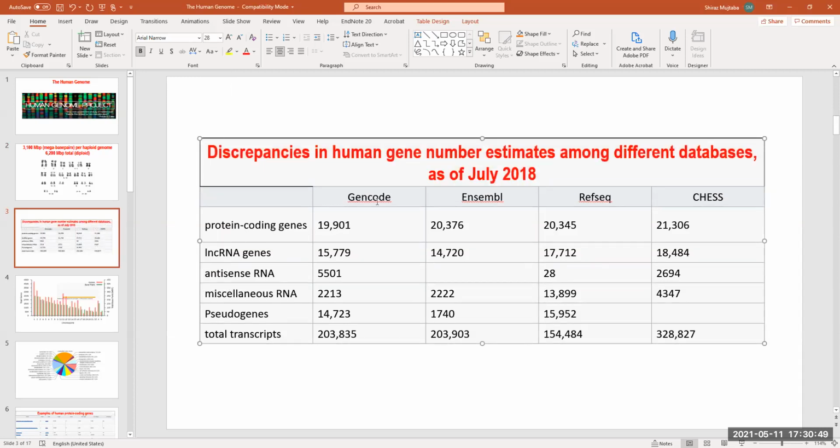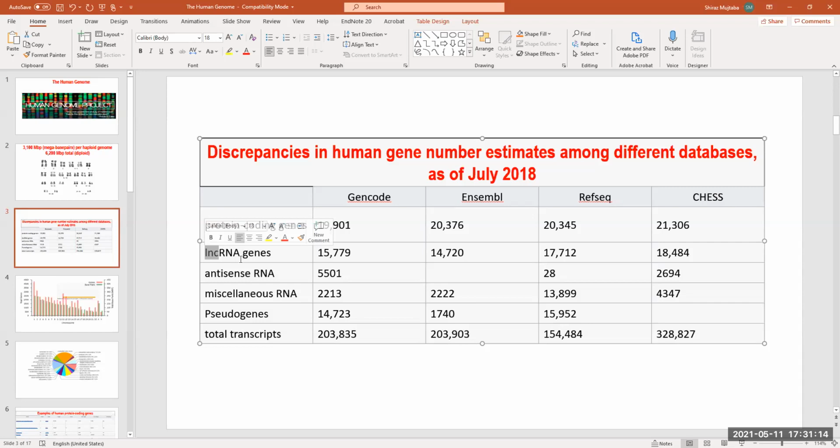If you notice, the protein coding genes by GENCODE are 19,901. The LINC RNA genes means long non-coding RNA genes. A gene could be transcribed and then that RNA translated, but there are some genes which can only be transcribed and may not be translated.